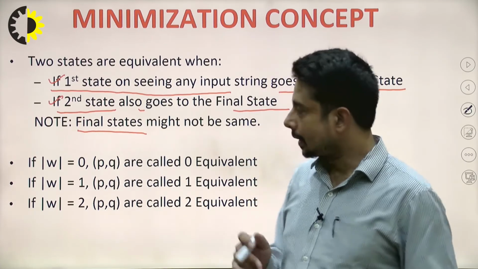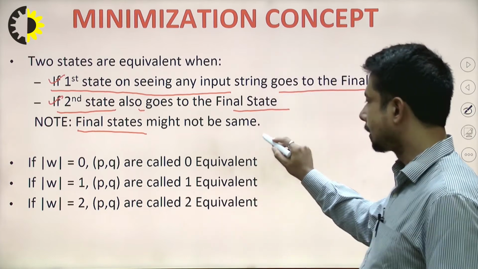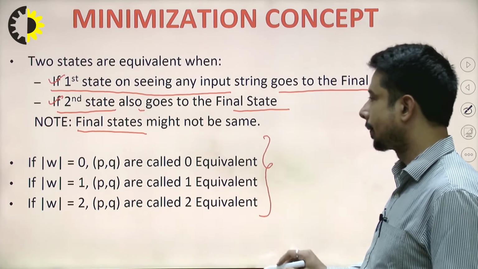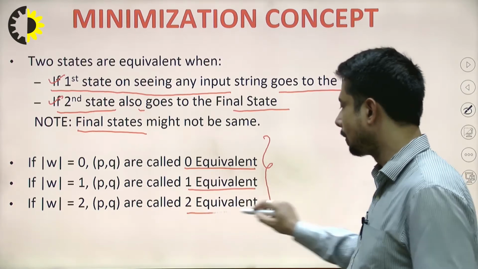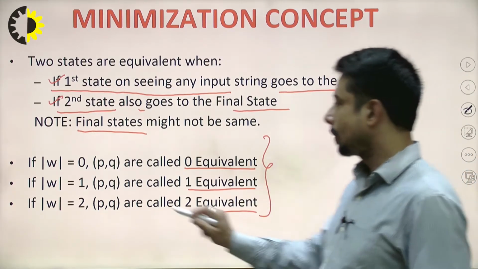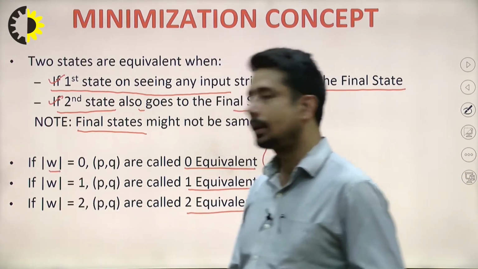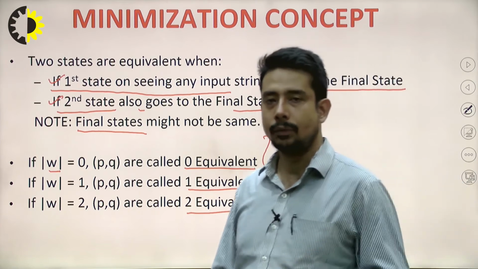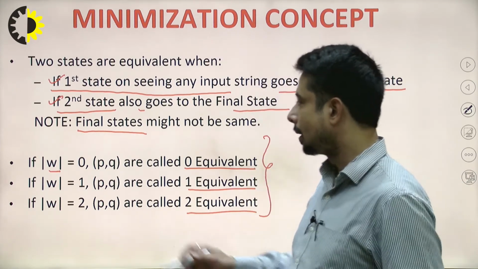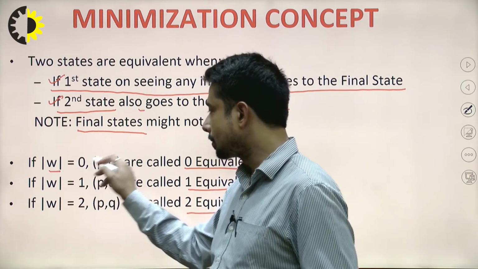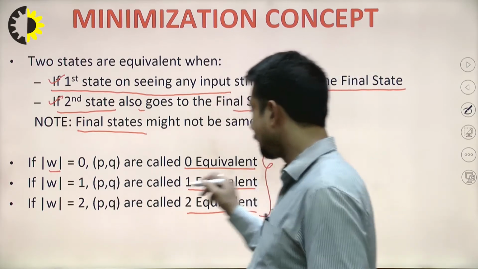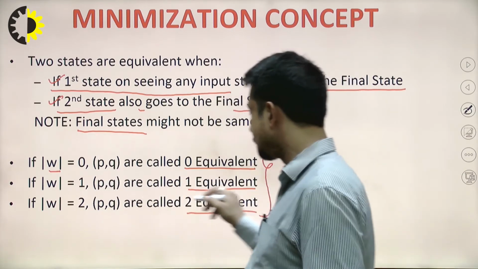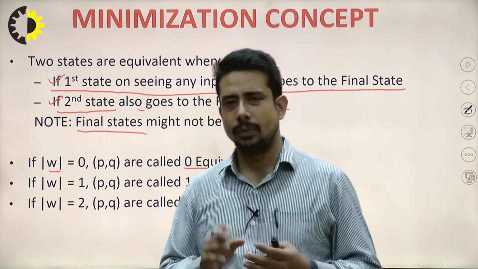The second thing I have mentioned here is 0 equivalent, 1 equivalent, 2 equivalent. Here W is the set of strings, and if the length of W equals 0, we say it is 0 equivalent; if 1, 1 equivalent; if 2, 2 equivalent.